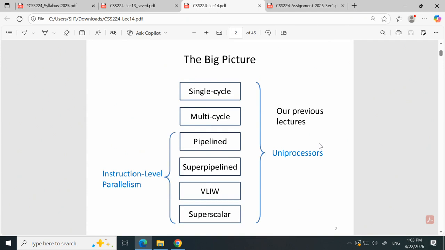Single cycle, multi-cycle, pipeline, super pipeline, VLIW, superscalar. Hello, you're right. Still remember all these guys? Single cycle, multi-cycle, pipeline, super pipeline.